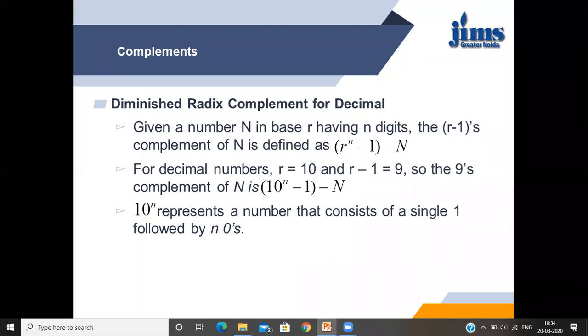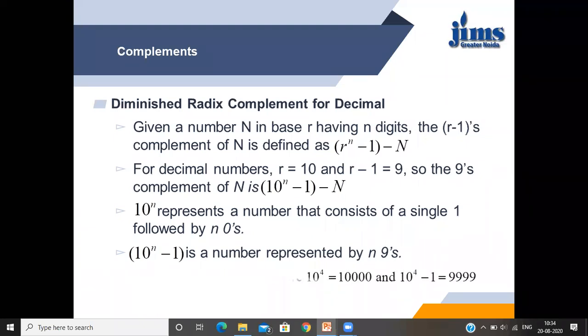So 10 to the power 2 is 100, a 1 followed by 2 zeros. And 10 to the power n minus 1 is a number represented by n nines. For example, if n equals 4, we have 10 to the power 4 as 10000, and 10 to the power 4 minus 1 is nothing but 4 nines.